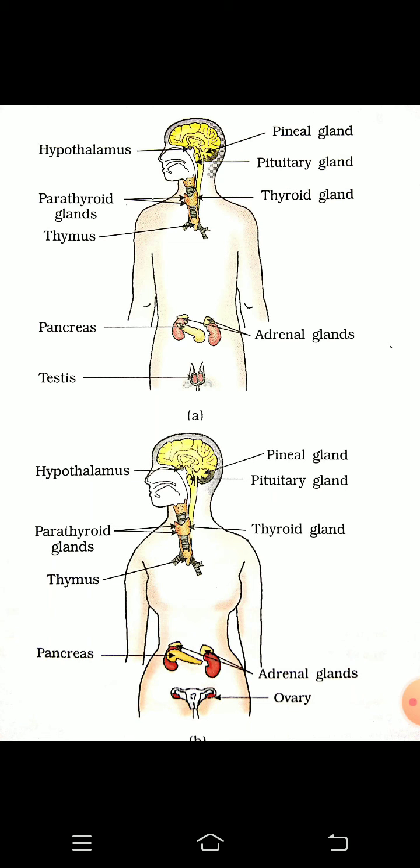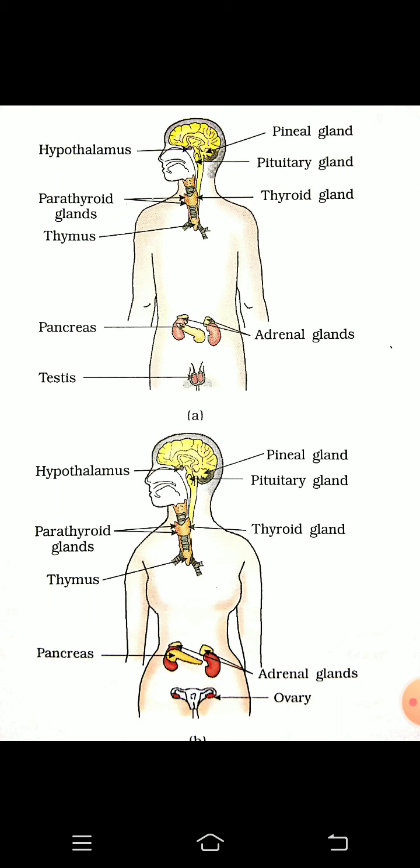And all these changes are because of the secretion of testosterone in males and estrogen in females. So, in the figure also you can observe it. There is a gland called testes in males which secretes testosterone.